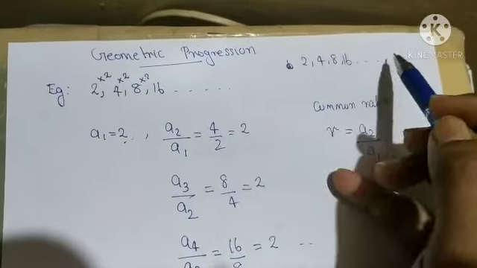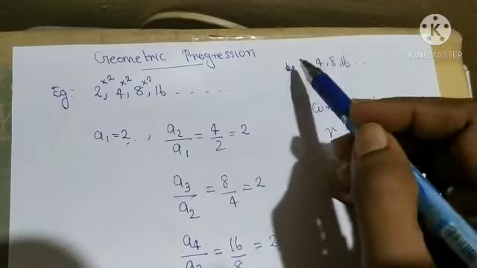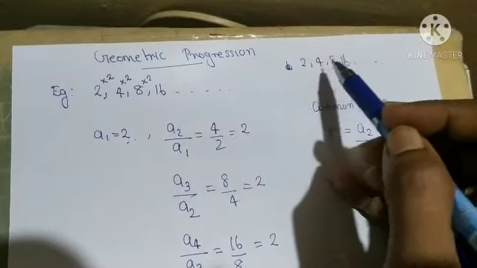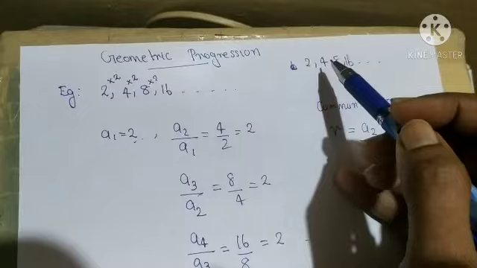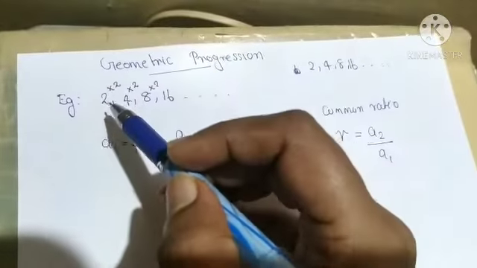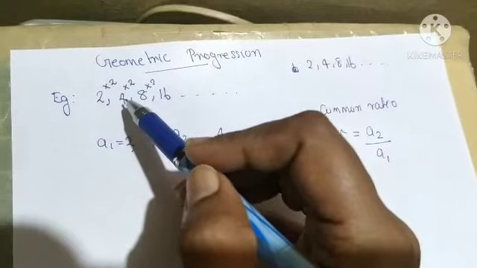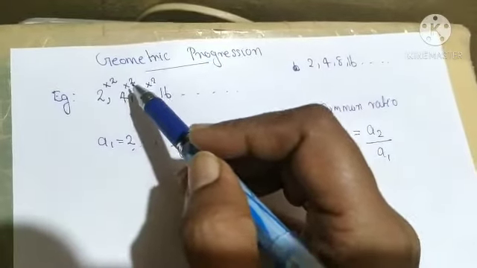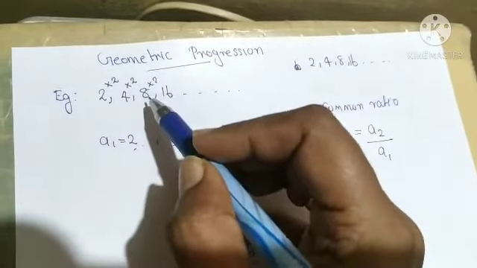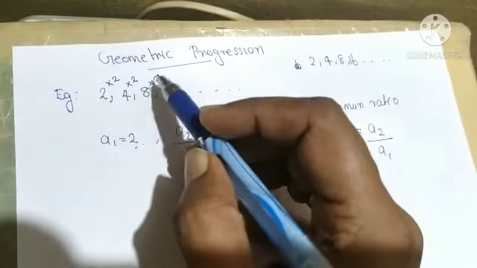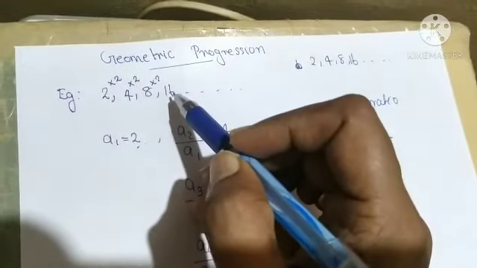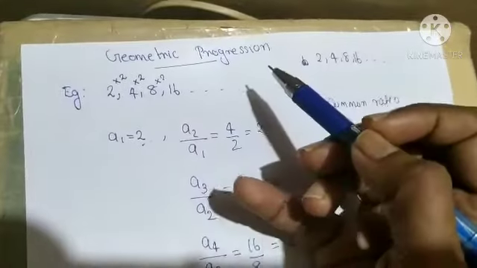It's a sequence, right? If you observe this sequence, we can clearly see that if we multiply the first term by 2, we get the second term, and if we multiply the second term by 2, we get the third term, and if we multiply the third term by 2, we get the fourth term, and so on.